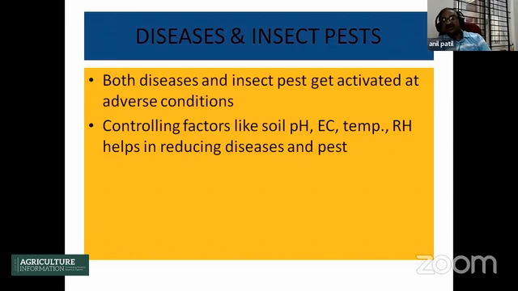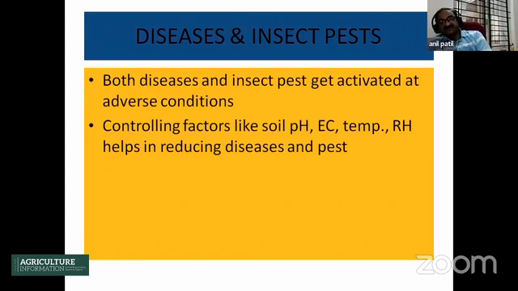If it is not in a healthy condition, generally the diseases or insect pests can attack better because the resistance ability of the plant is lower. So both disease and insect pests get activated at adverse conditions. Adverse conditions can be heavy rains, high temperature, even higher light in some cases, or the plant being nutritionally weak.